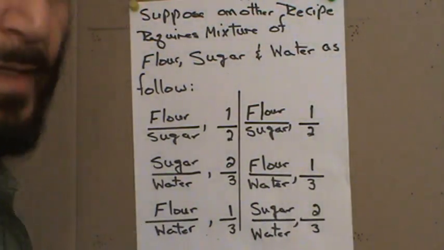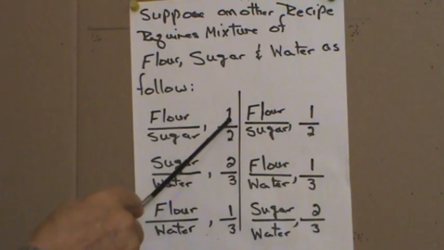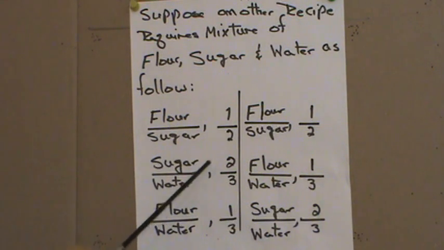Now, he gives him this handout and says, go and mix flour to sugar in 1 part of flour to 2 parts of sugar, whatever the container is as a part, and then sugar to water 2 to 3, and flour to water 1 to 3.